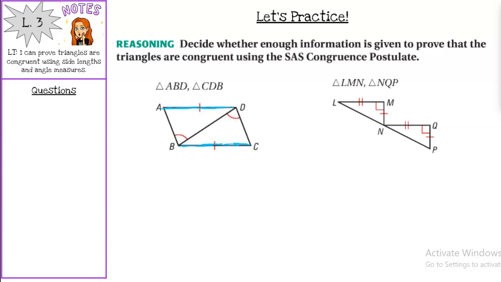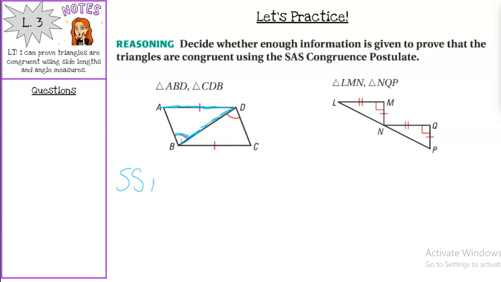The only other side that they would have congruent is BD because they share it. So it would need to be this angle and this angle congruent to each other to be that included angle.